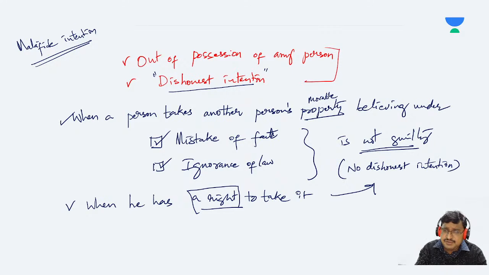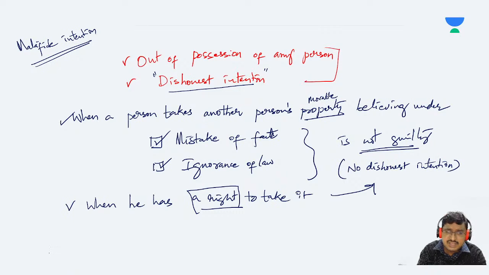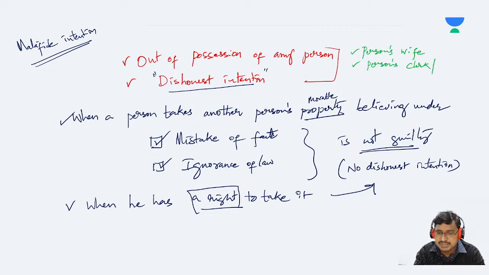Here, if your property is in the possession of a person's wife, or a person's clerk, or a person's servant, on account of that person, it is in that person's possession within the meaning of section 27 of IPC, friends.